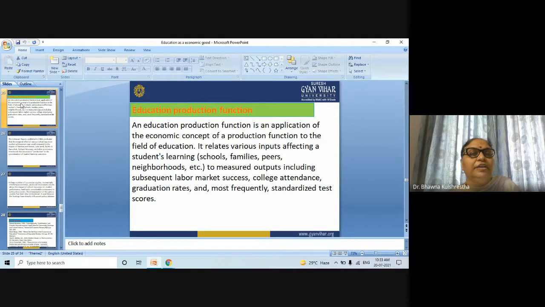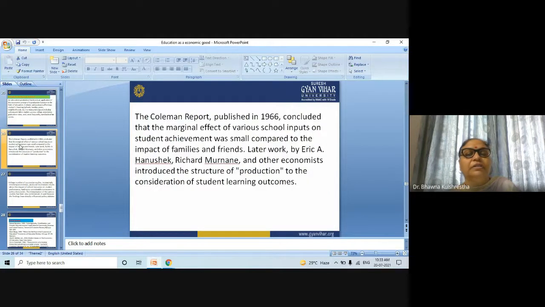The Coleman report, published in 1966, concluded that the marginal effect of various school inputs on student achievement was small compared to the impact of families and friends.